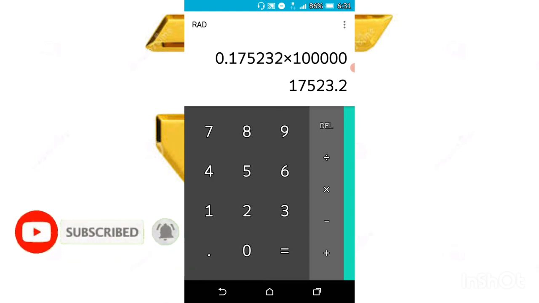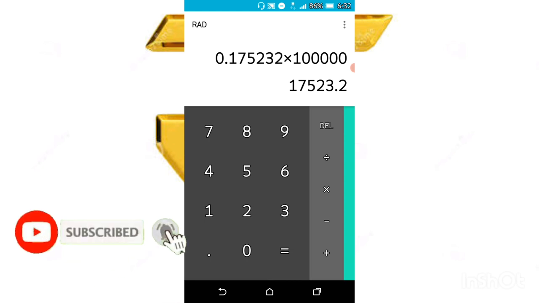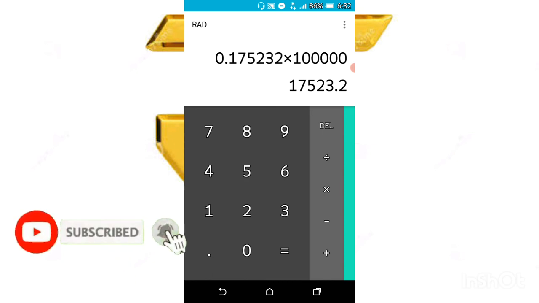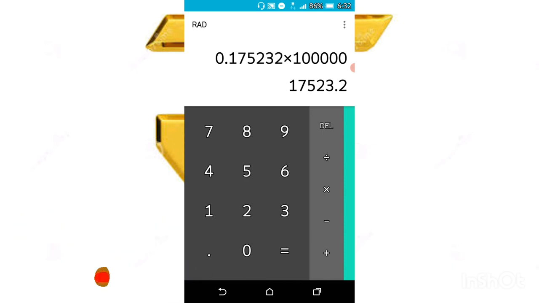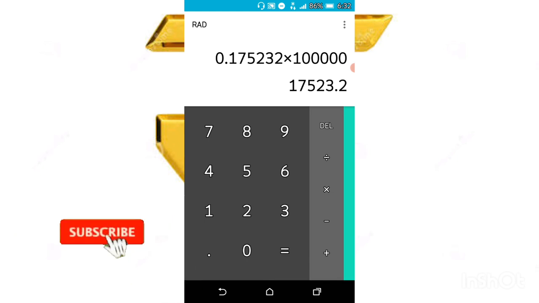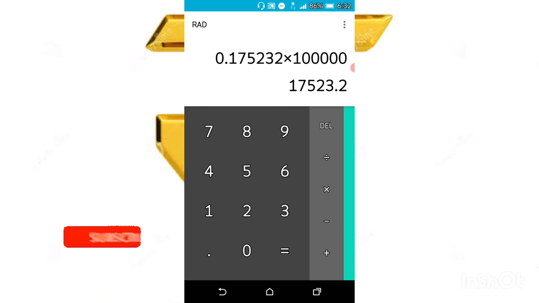We can't get the actual price, so we just do a rough calculation. So for the landing cost of the washing machine, if the washing machine should land in Nigeria by sea, it is 17,523 naira. And do remember, CBM is calculated using space.